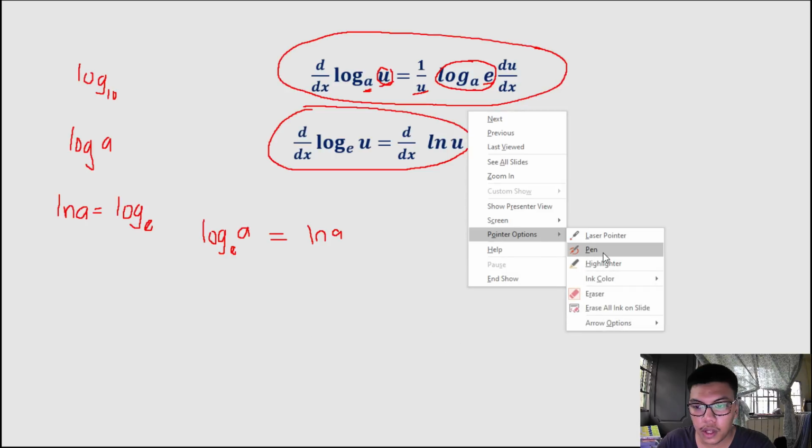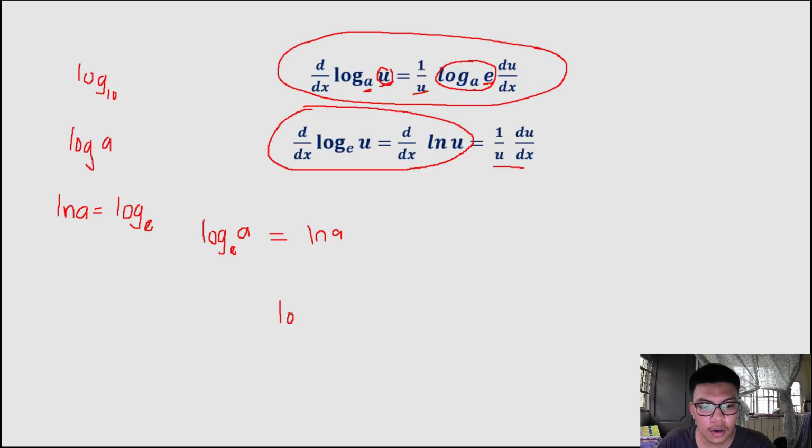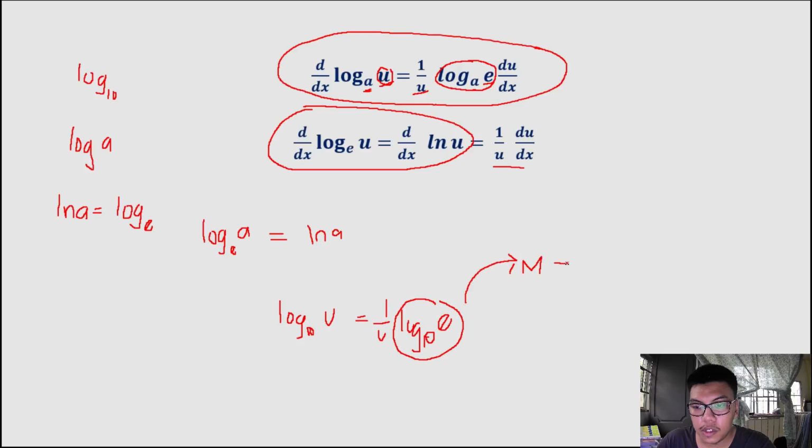Okay, yung sa book, yung derivation, so we have log u base 10, ano? So that is equal to 1 over u times log e base 10, ano? So this one, log e base 10, that is equal to m. M is the modulus, or constant, ano?